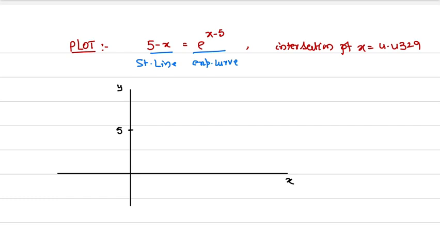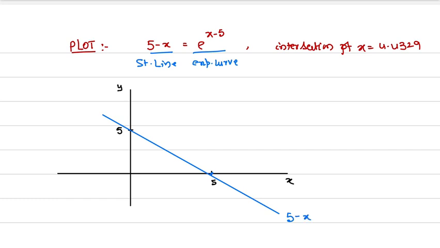And at y is equal to 0, x is equal to 5. This is the straight line of 5 minus x.